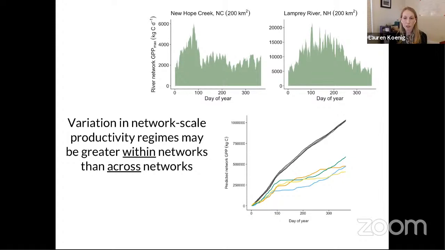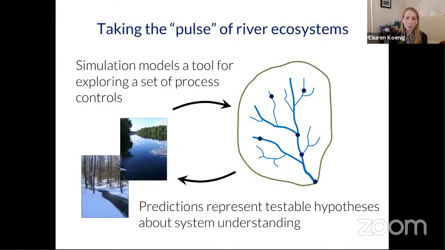And so it's important to tease apart this hierarchy of controls on river metabolism and the consequences of those drivers at broader scales. And so our approach uses simulation models to link fine and broad scales, and as a tool for exploring the hierarchy of controls on stream biogeochemical processes, such as metabolism.